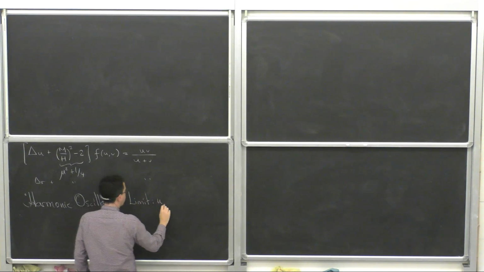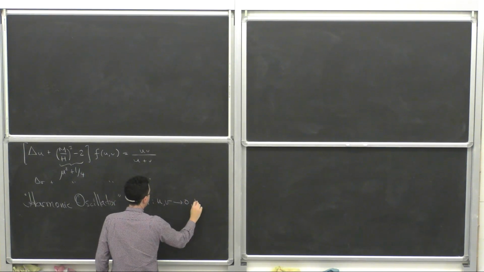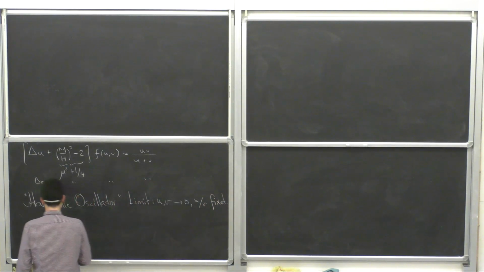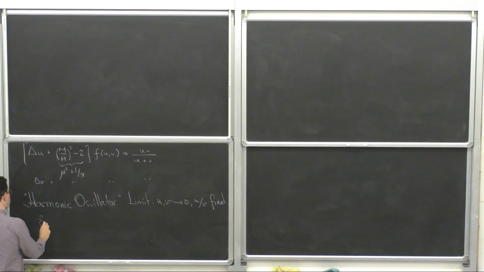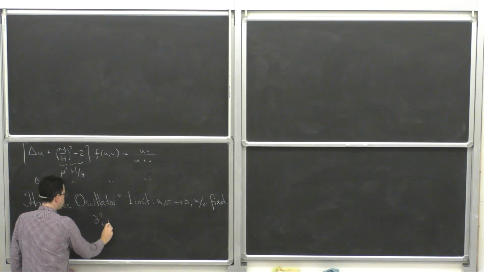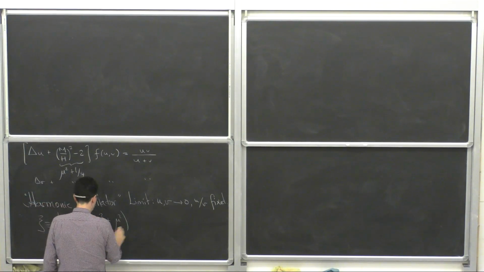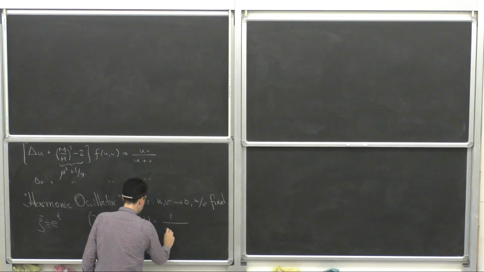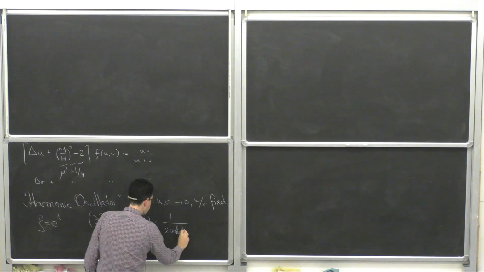You send U and V to 0 with U and V fixed. And then once you introduce this variable psi equals e to the t, it looked like this, right? dt squared plus mu squared, some rescaled, just some harmonic oscillator with a kick.